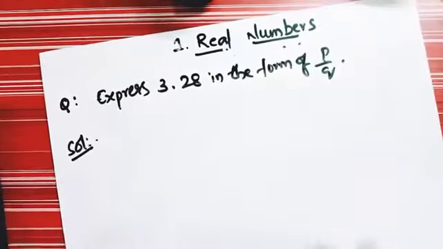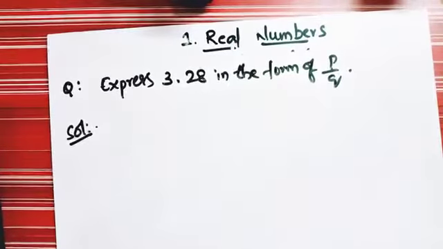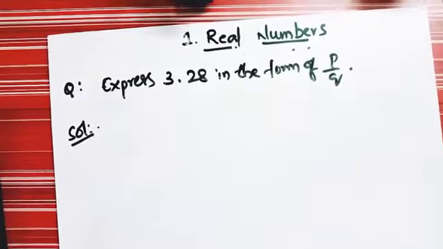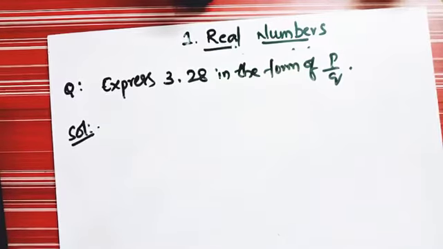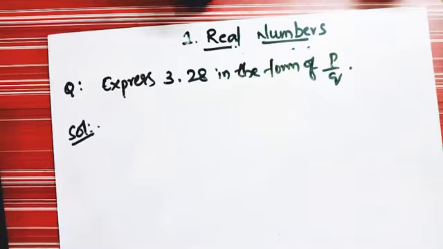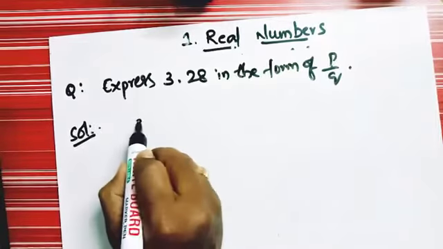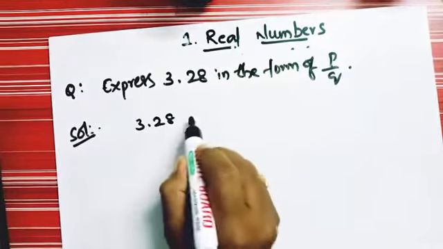The next question, we are expressing the decimal number in the form of p by q. Previously we represented the rational number in decimal form. Now this is the reverse of that question. We are representing the decimal number in the form of a rational number. The given number is 3.28.